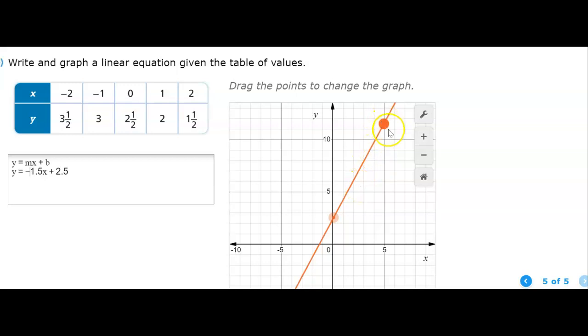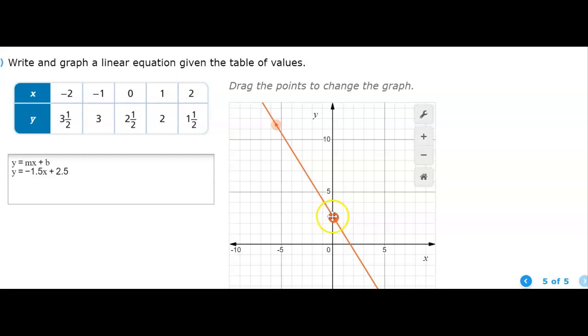So now instead of going this direction, my graph will be going this direction. It's going to be going up, still rising, and then going to the left a half. So it'll be like just the opposite direction of where I had it.